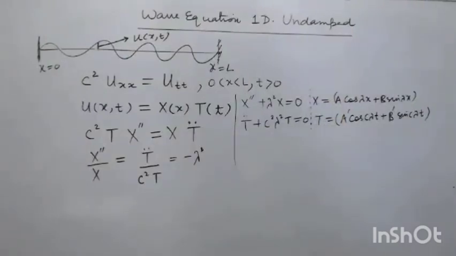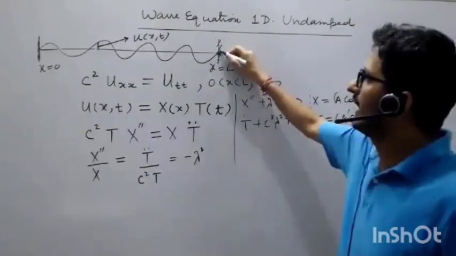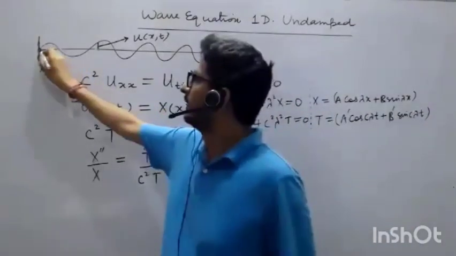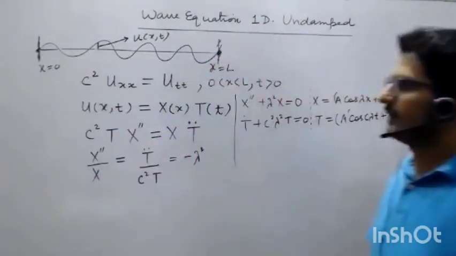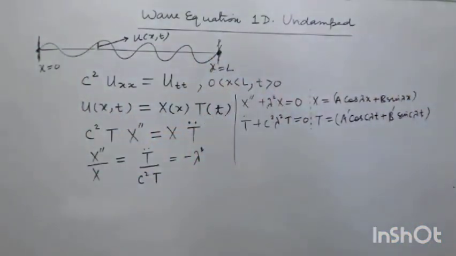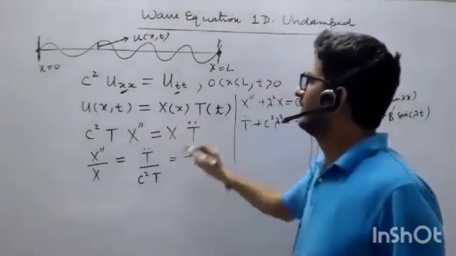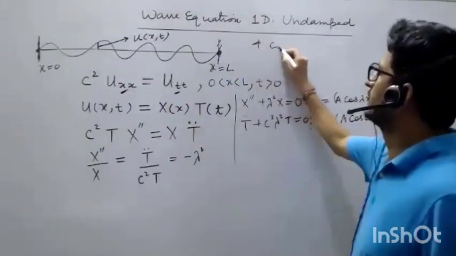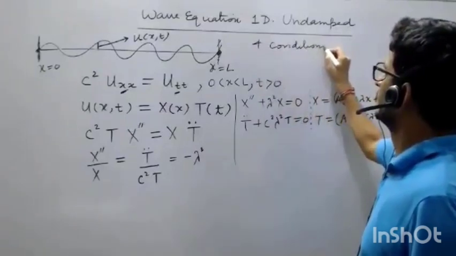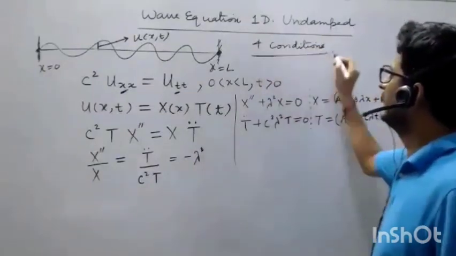Yes, sir. Now we have to apply the boundary conditions. I told you that the ends of this are not moving, and since it is a double derivative in x and a double derivative in t, we need 4 conditions to solve it completely.